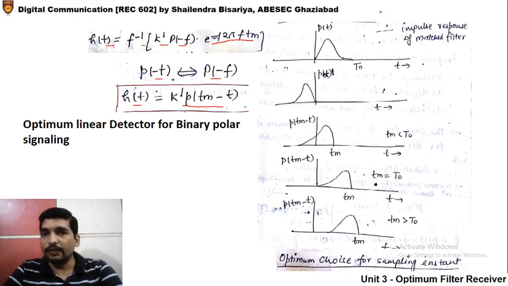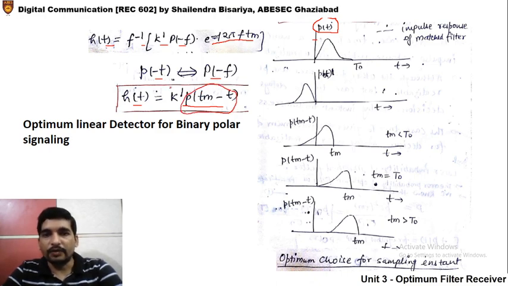So if I draw the p(t) signal, as we started in the last lecture, where we have already drawn the p(t) signal and you know the reason why we drew such a shape, then h(t) is p(Tm minus t) with K some constant.